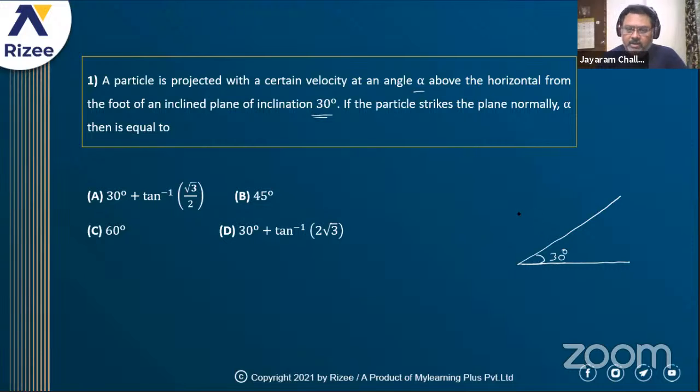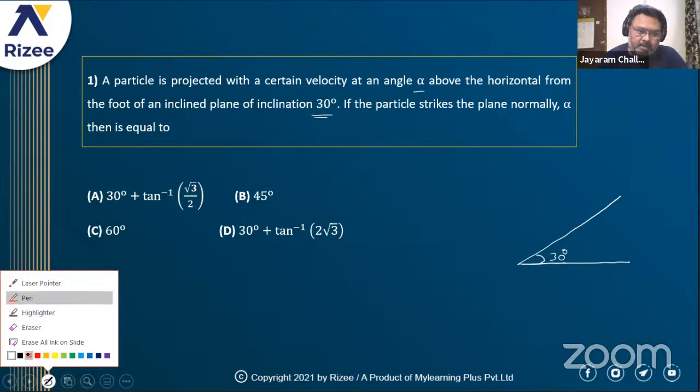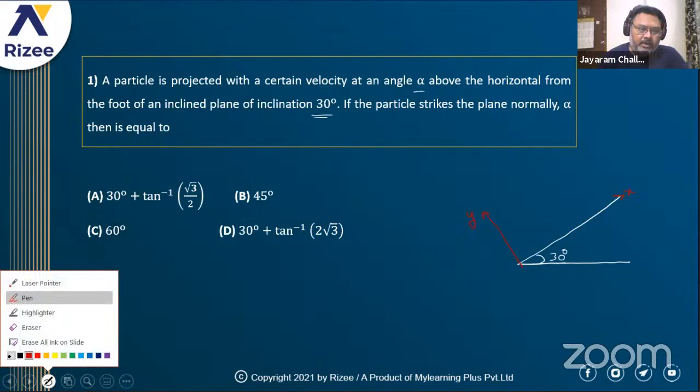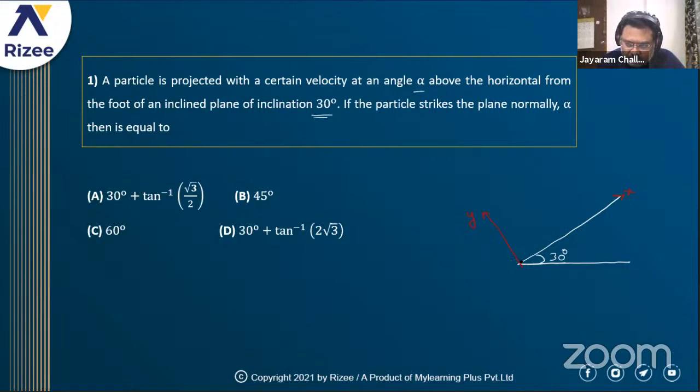If I take this direction as the x-axis, and this direction as the y-axis, then from here I'm projecting a particle like this and it is striking the plane normally. That means it is making an angle of 90 degrees to the inclined plane.